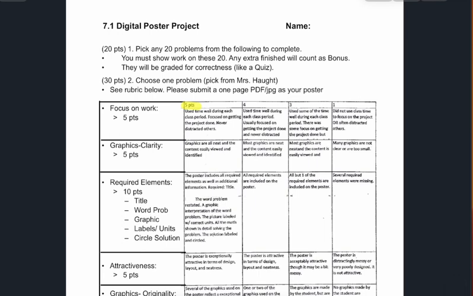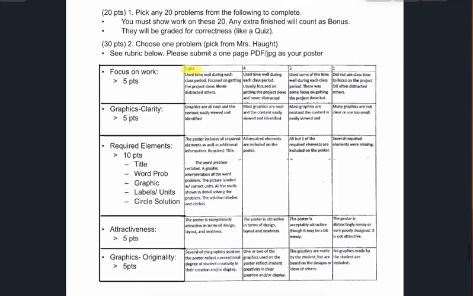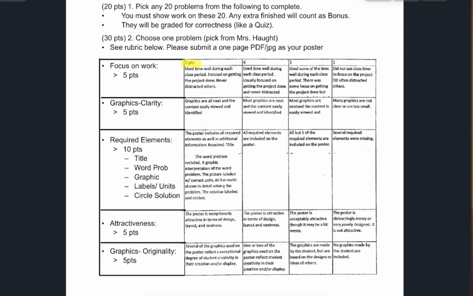And then you're going to have one problem out of all 26. You are going to be assigned one problem that you have to depict on a digital poster. You're going to submit one page, either a PDF of one page or a JPEG of one page of your poster that is worth 30 points. 5 points, did you get it done on time?